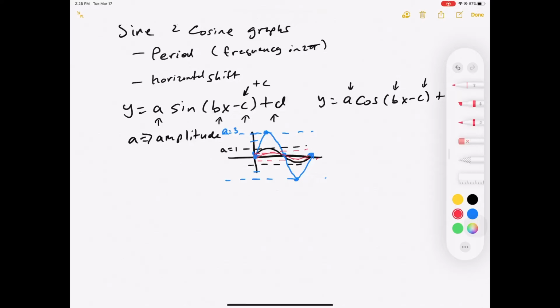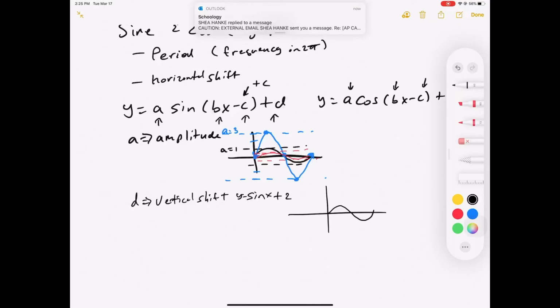Okay. We talked about our D value, our horizontal shift. No, vertical shift, I'm sorry. Our D value was our vertical shift. If it was y is equal to sine of x plus 2, the whole graph would be lifted up 1, 2, and this would be the new center of my graph.